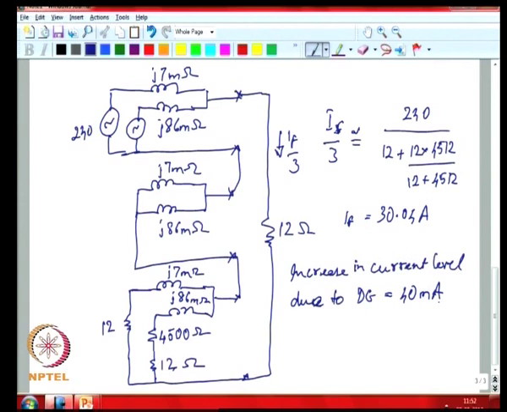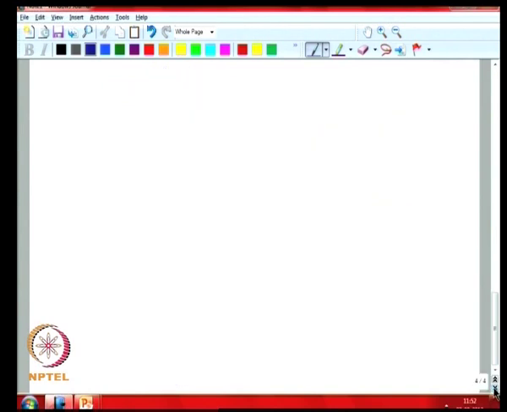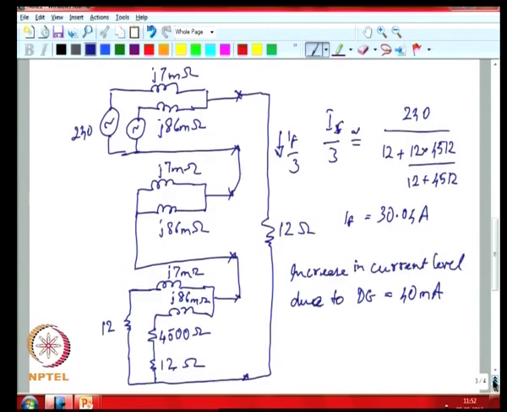So, the question is to figure out what is the current seen by breaker 1 and 3, and to calculate that we will have to look at the sequence quantities. If you look at the current flowing through the circuit, this would be IA in circuit breaker 1, and this would be your IA in circuit breaker 3.